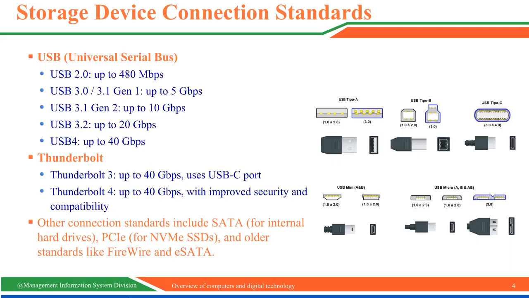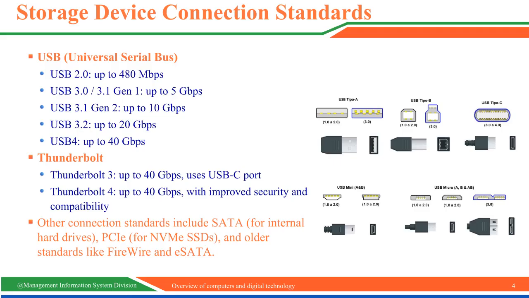USB 3.0/3.1 Gen 1, 5 gigabits per second, about 10 times faster than USB 2.0. USB 3.1 Gen 2, 10 Gbps. USB 3.2, 20 gigabits per second. USB 4, up to 40 gigabits per second.